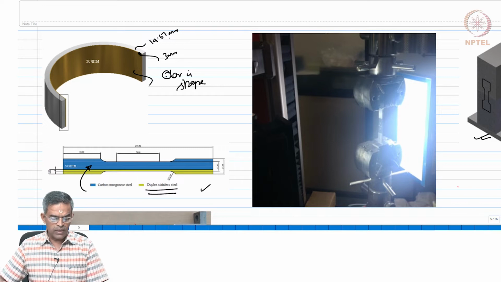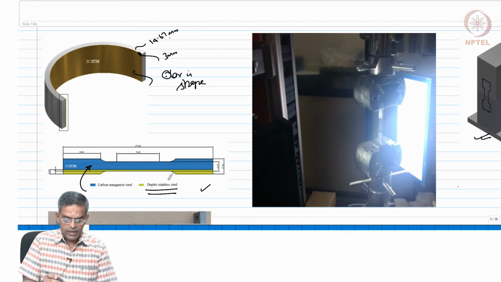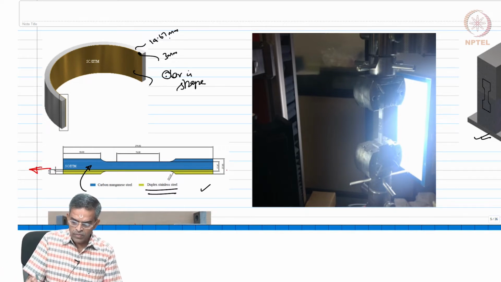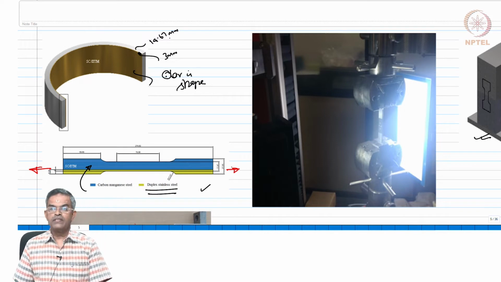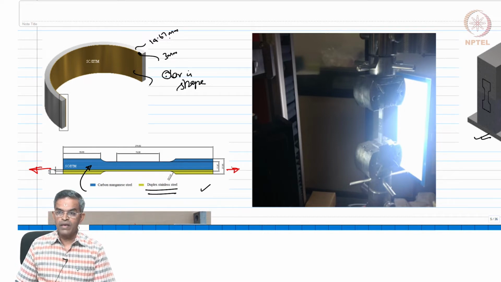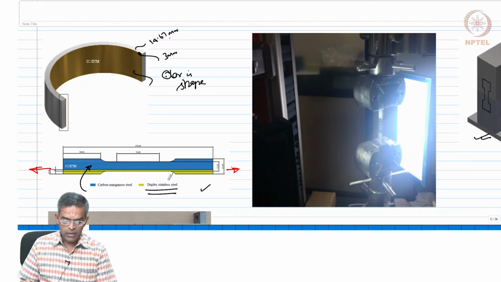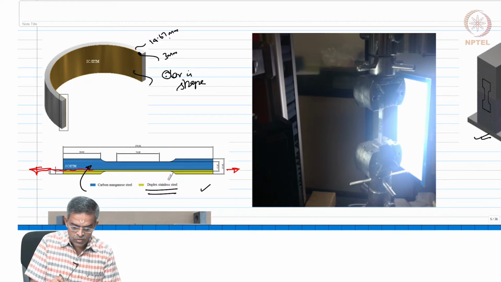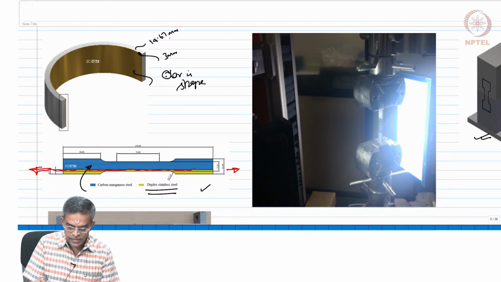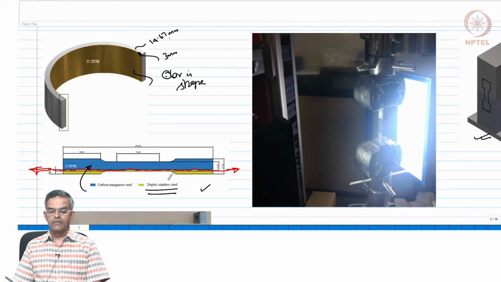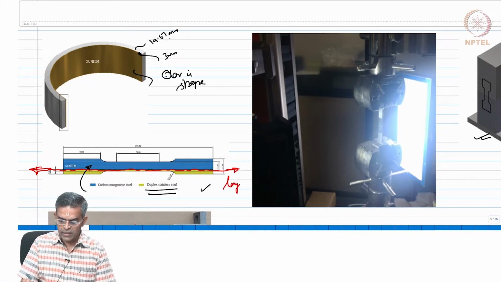So please note here, this is the direction of pull. So very interestingly friends, we are applying a tensile pull parallel to the layer, right. So this becomes my longitudinal direction and this becomes my lateral direction, okay.